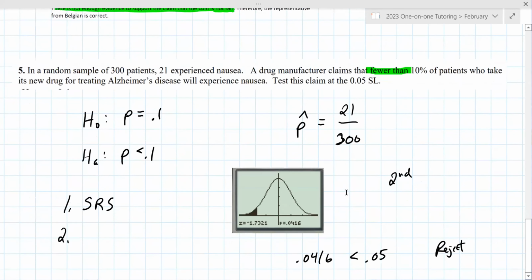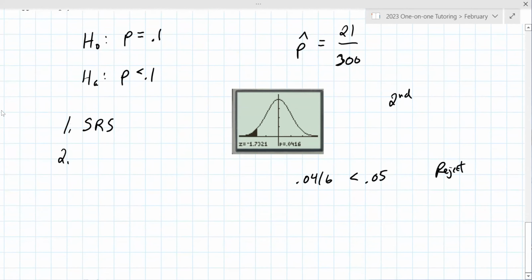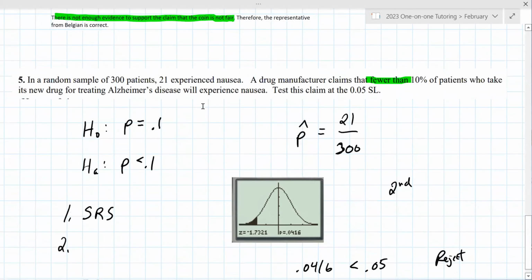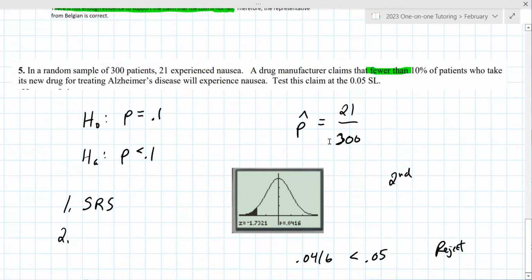And so in this problem, you do reject. And then you sometimes have to write an interpretation sentence that says, that means that in this case, the drug will experience nausea. Yeah, experience nausea. That's it. Okay. Interesting.